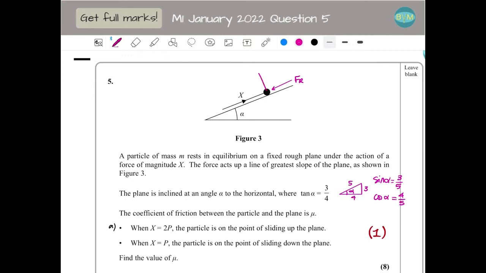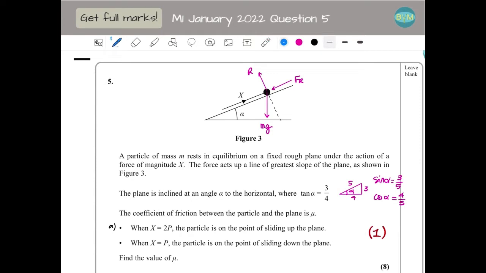Then I have my normal reaction, always perpendicular to the slope, and the weight of the particle, which is m, the mass, times the gravity. So these are the forces that I have acting on my particle. I have one force here, the weight, that is not in my two main directions, so it's not parallel or perpendicular to the slope, so I'm going to resolve forces.